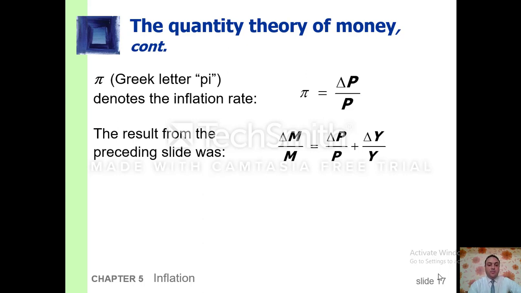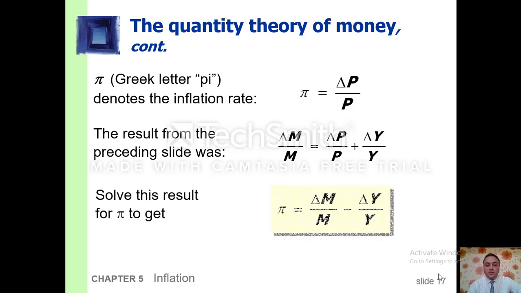The result from the preceding slides was that the change in the money supply, now we omitted velocity, so we only have on the left hand the money supply, equals the change in price plus the change in the quantity of the output.